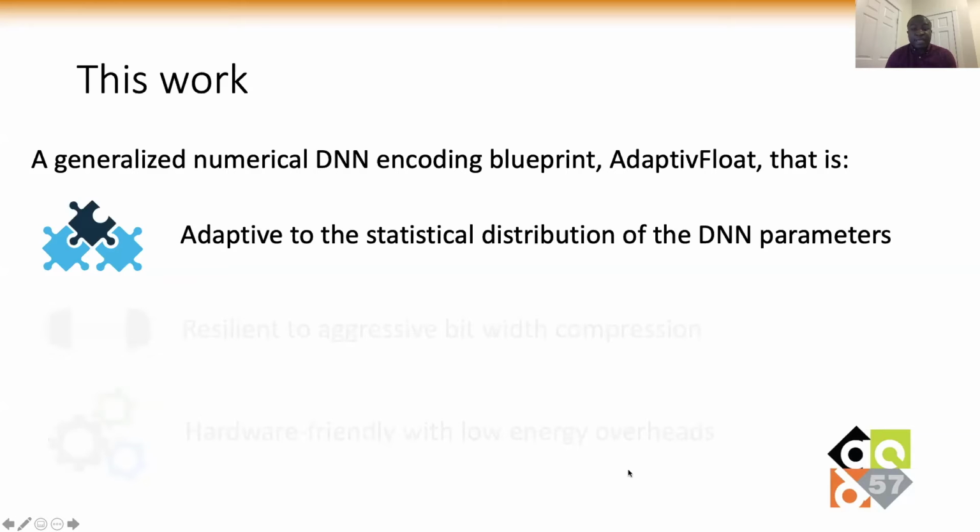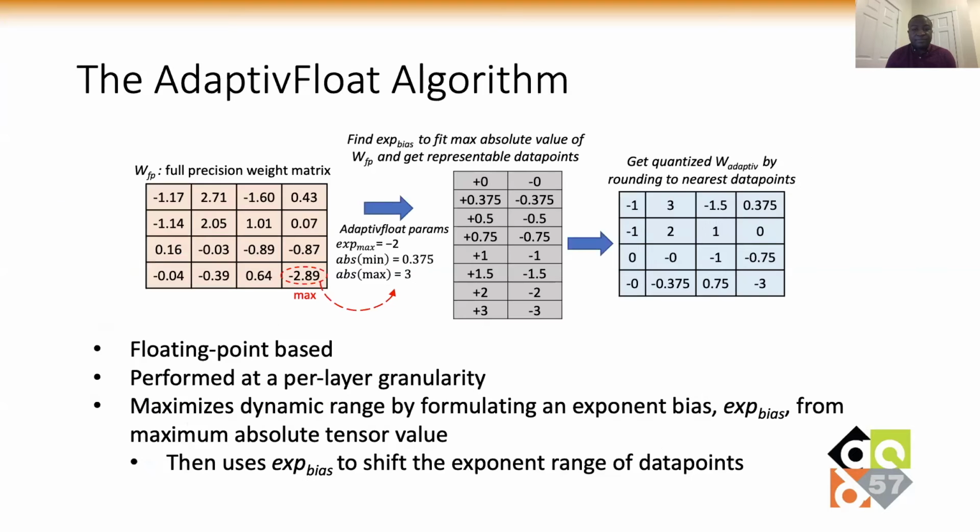So let's start by describing the adaptive float algorithm and how it adapts to the parameter distribution of the model. The adaptive float algorithm is floating point based, which means that it already offers higher dynamic range compared to an integer data type. Now, on a layer by layer basis, adaptive float further maximizes its dynamic range by formulating an exponent bias called EXP bias.